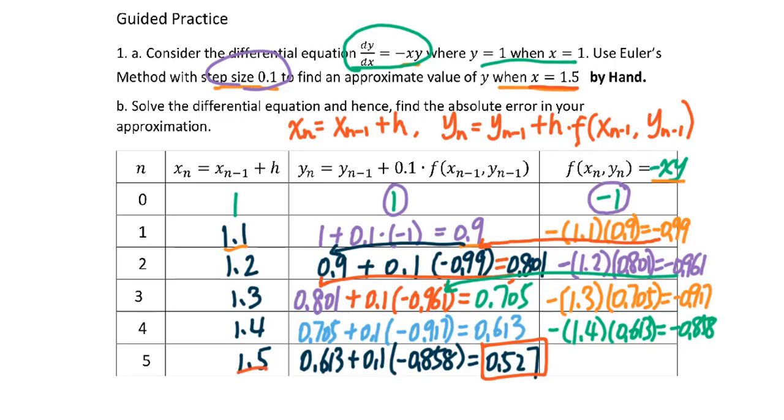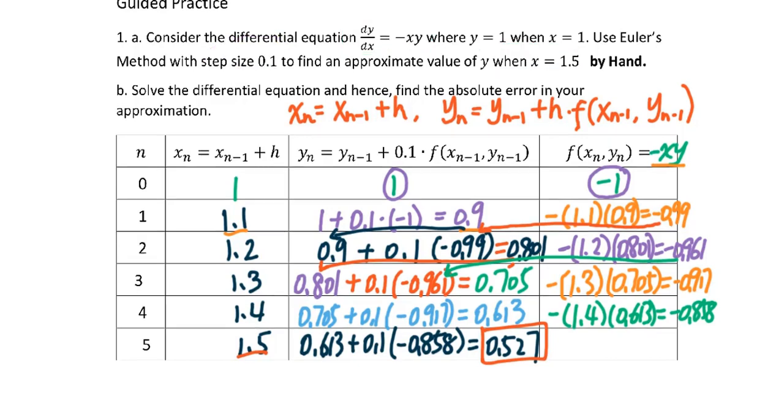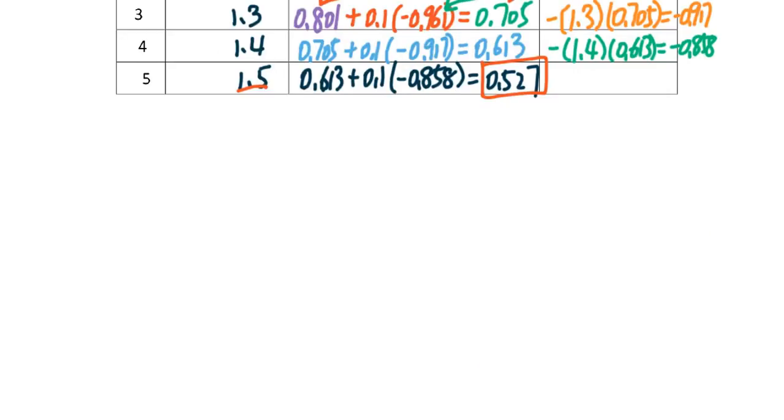Part B, solve the differential equation and hence find the absolute error in your approximation. The differential equation is dy by dx equals negative xy. We know this is a separable differential equation.